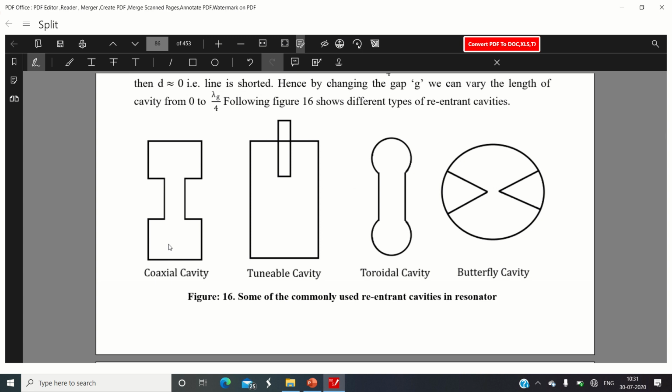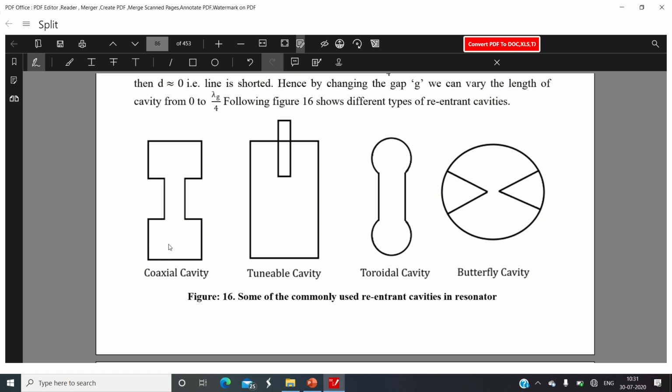So always remember that whenever there is a resonator circuit, if it is made using a waveguide, then there has to be a cavity. And these cavities are normally called re-entrant cavities.